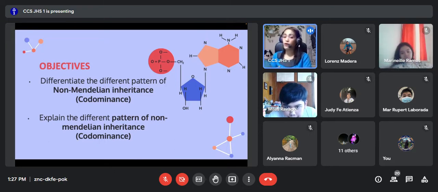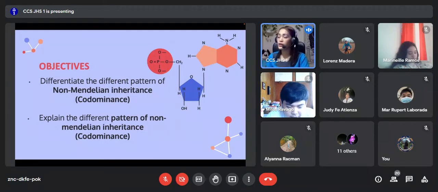And we've learned that so far, in your grade 8, the foundation for this understanding is based on the work of Mendel. However, we also learned that as modern technology improved, there are other patterns that were observed by other scientists, and they are in general called non-Mendelian genetics.